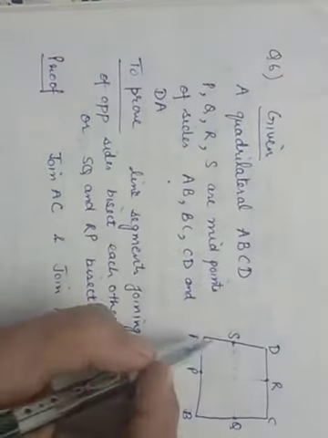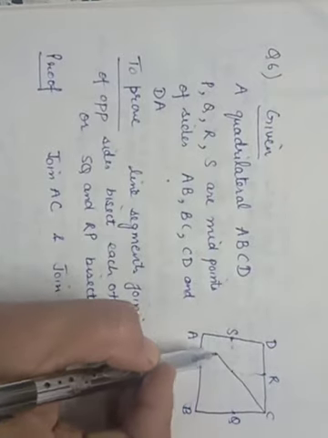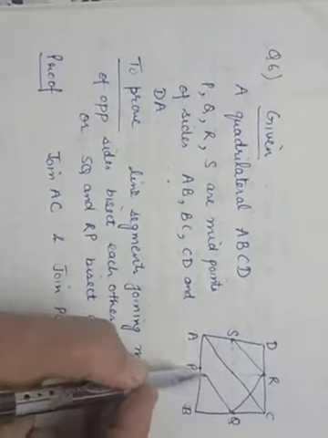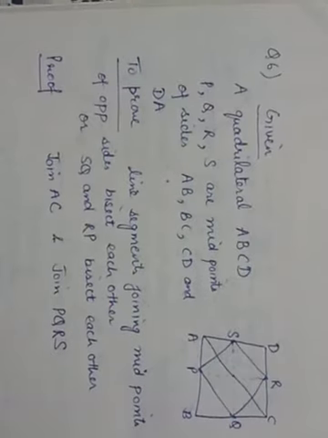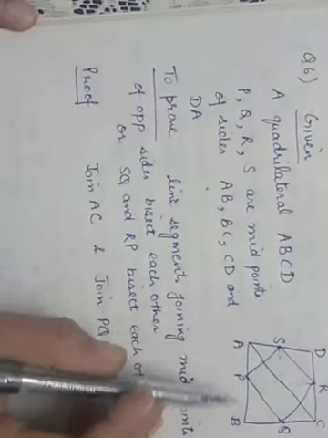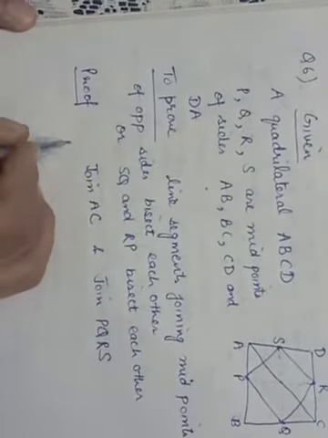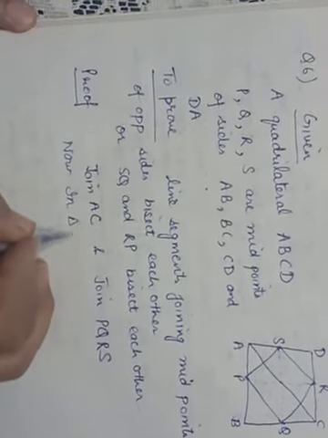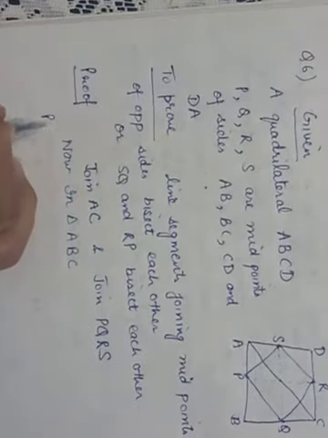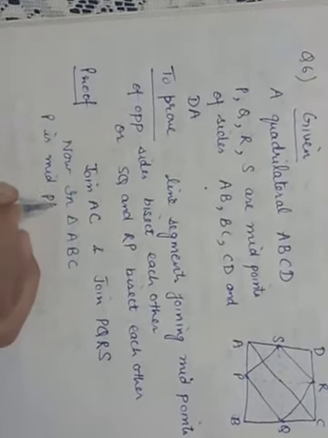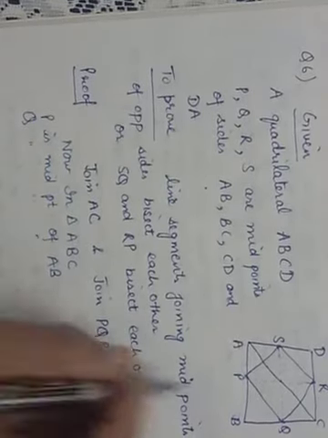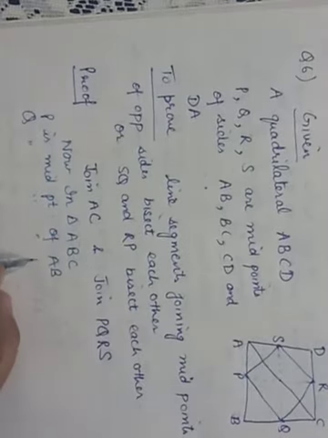For this let us join AC. Let us join PQRS. Now, in triangle ABC, P is the midpoint of AB and Q is the midpoint of BC.